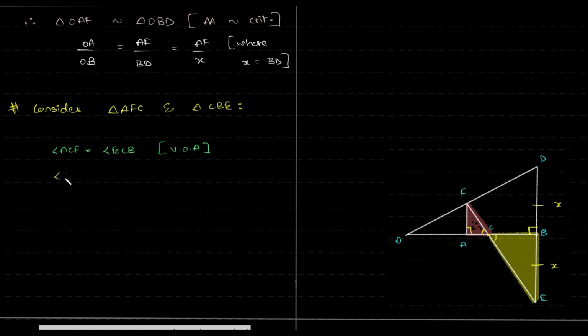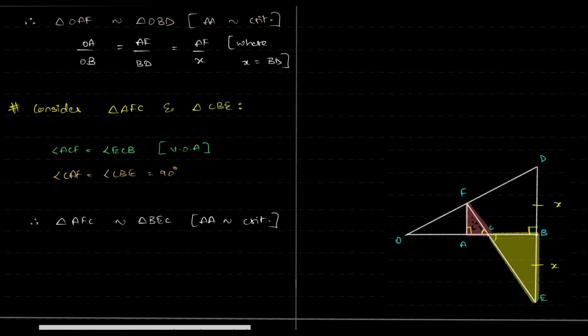Then angle CAF is equal to angle CBE, which in turn is equal to 90 degrees. Therefore, triangle AFC is similar to triangle BEC. This is again by AA similarity criteria.